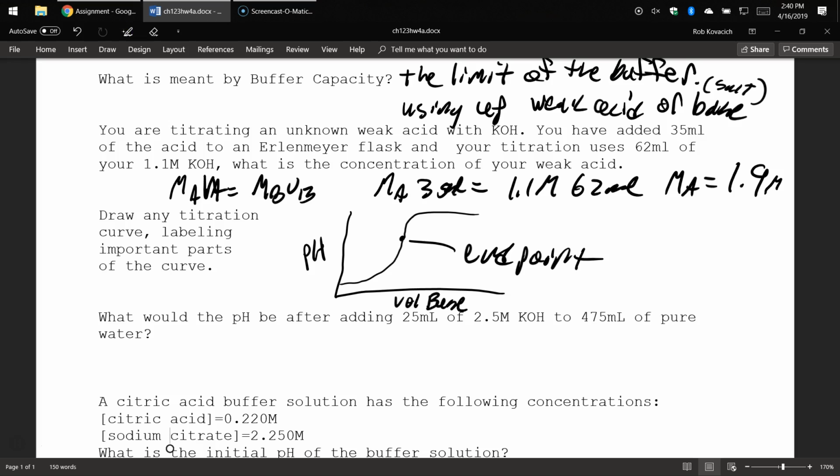Anything else you want to put in here? Not really. You could say the end point's the inflection point, but that's not a big deal. Oh, if you stated it was a strong base, then you'd want to put a 7 right there. But outside of that, nothing else.